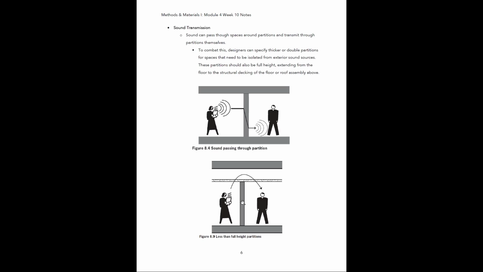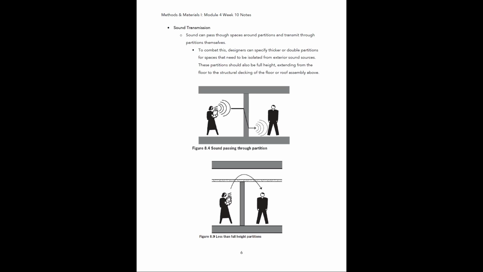All right, and then this one down here is showing how sound waves can actually get around partitions. In commercial spaces, you might have these situations where partitions don't extend all the way up from the floor to the decking above it. They may just go up to the ceiling, and then you might just have open plenum space above it.